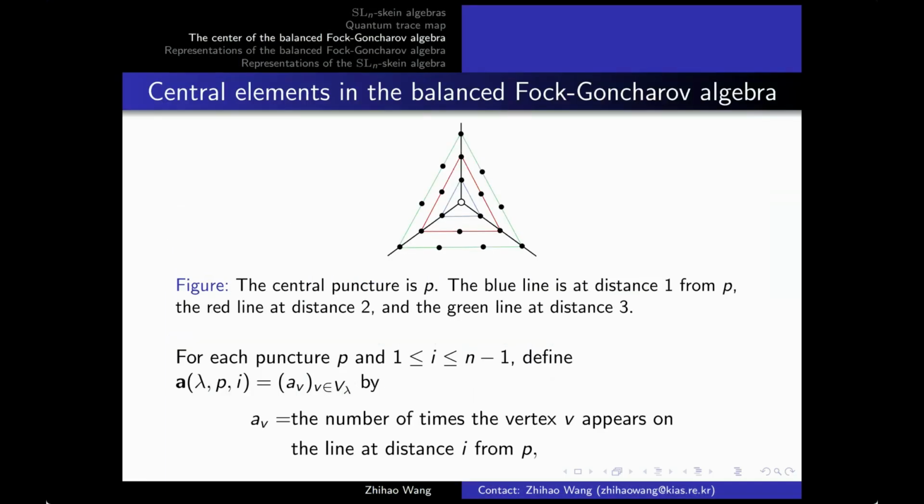Thanks for the question. Now we have the vector A. Also, we have other questions. Is there any way this kind of skein algebra can act on the homology, the cohomology of the character variety? Something like geometric representation theory. I don't know.